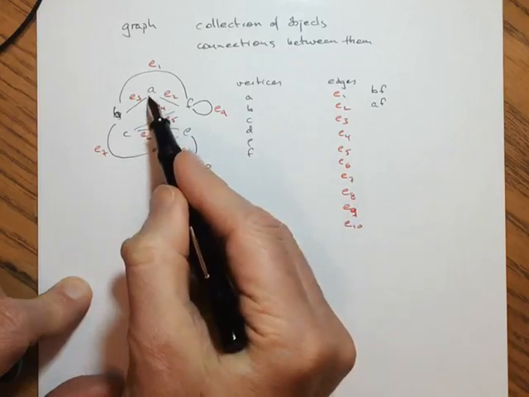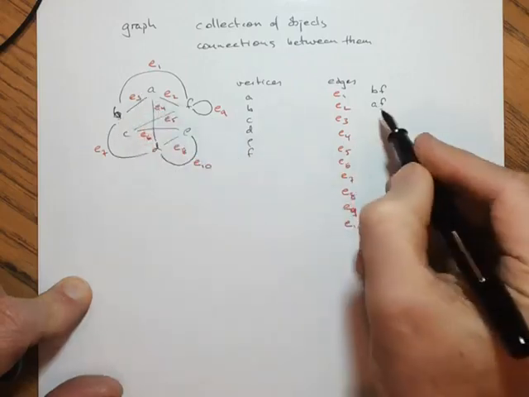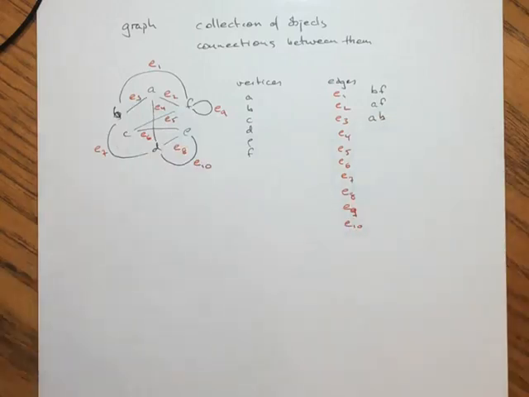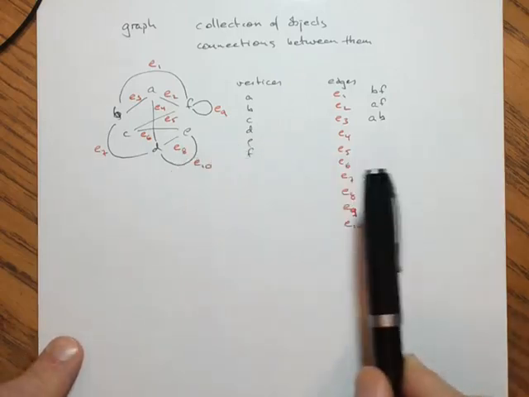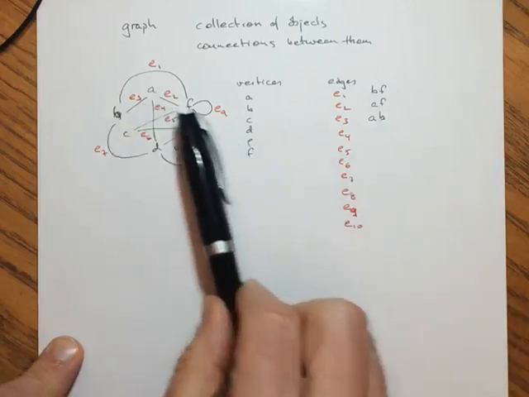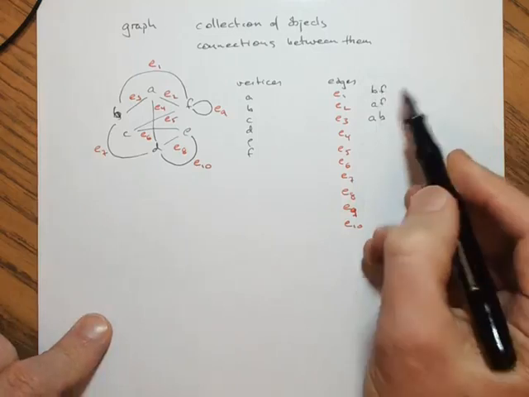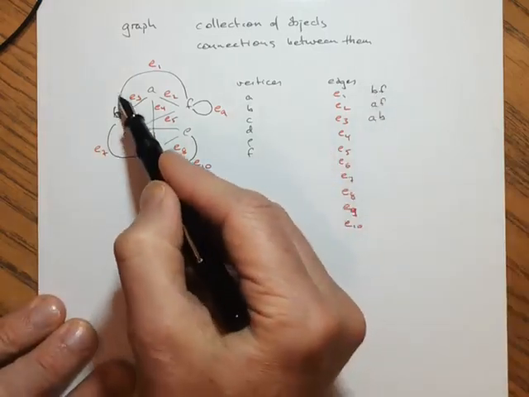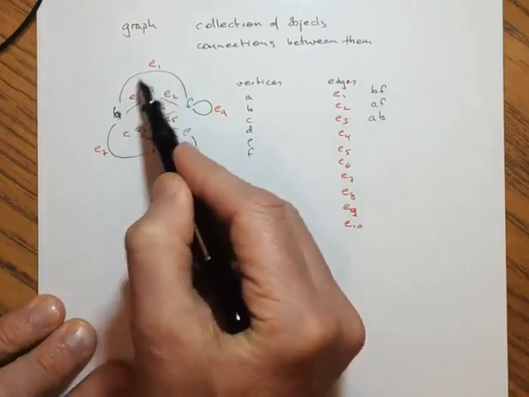E3 is the edge joining A and B, so informally we could call it AB, and keep on going like that. So sometimes we'll label the edges E1 through to whatever, and sometimes we'll talk about the endpoints that are at the end of the connection. So B and F are the endpoints of edge E1.